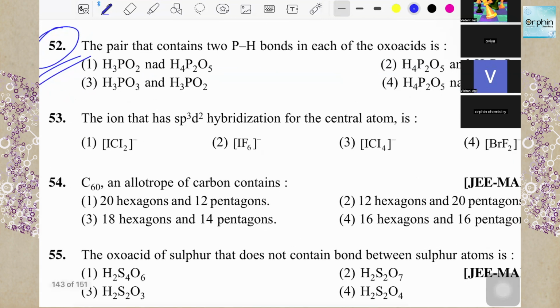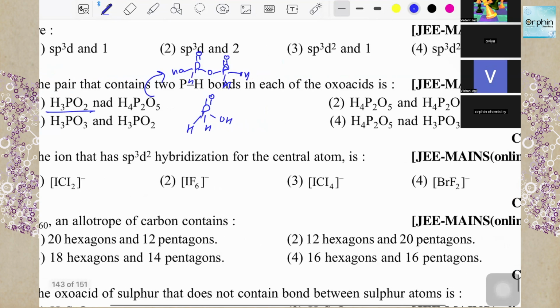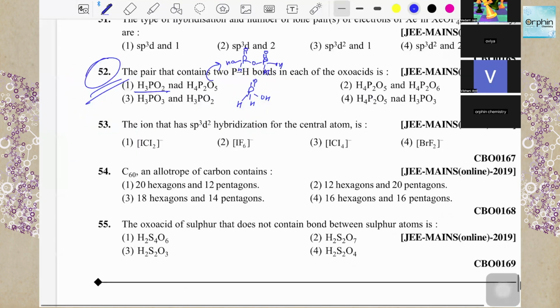It must be correct. H3PO2. H3PO2 is just like this: P double bond O, OH, H and H. And if you remember H4P2O5, this was the case where a POP linkage was there. So P double bond O, and then one OH, one H, one H, one OH. So yes, we can see there are two PH bonds in H4P2O5, H4P2O6.